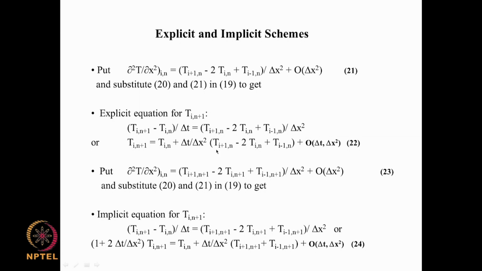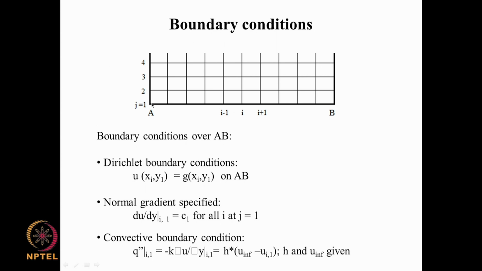Now, making use of these known values of T_i^1 at i plus 1 and i minus 1, I can get T_i^{n+1}. So, I can sweep through all these values which correspond to n equal to 1 and are given here. If I want to know this value here, then I make use of these known values and get a value for this, and then I move here, make use of these values and get this value. I go through all these values so that at time step n equal to 2 everything is known, and then I move to the next time level.